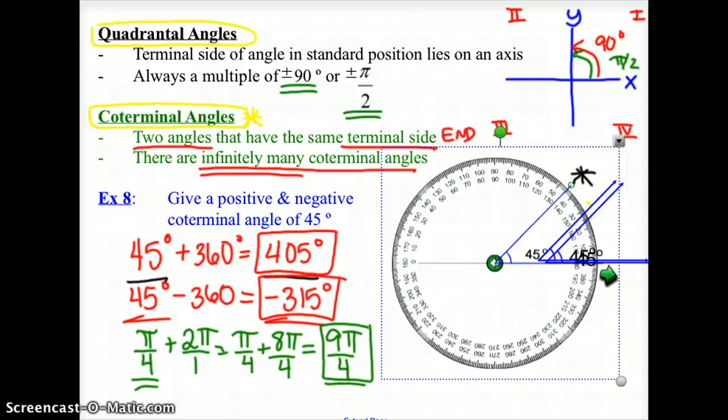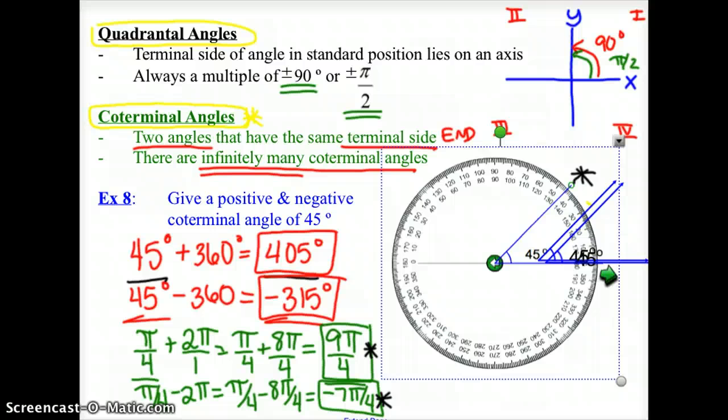Or I could subtract. I could take pi over 4 minus 2 pi, which is equivalent to pi over 4 minus 8 pi over 4, and that would give me negative 7 pi over 4. So two coterminal angles to pi over 4 are 9 pi over 4 and negative 7 pi over 4.